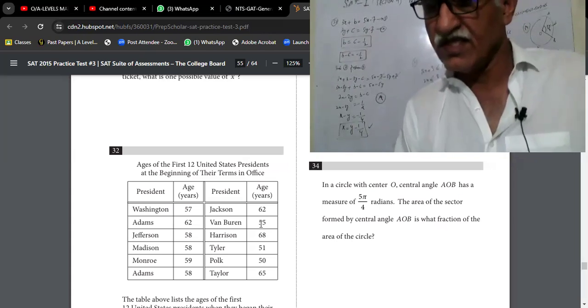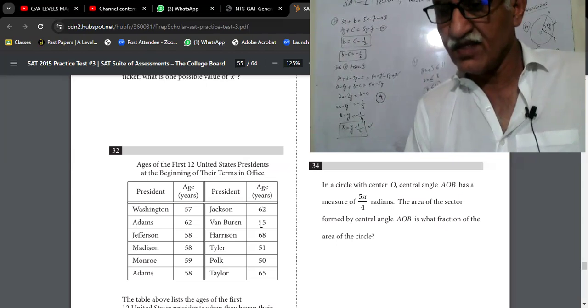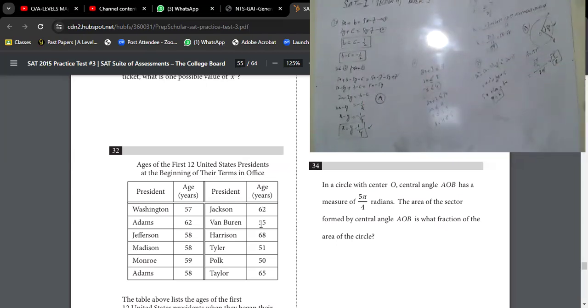So the area of the sector formed from the circle by central angle AOB is what fraction of the area of the circle? We know that the area of the sector is half r square theta. So this formula we're going to use.